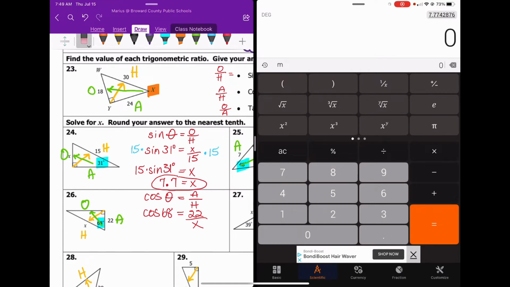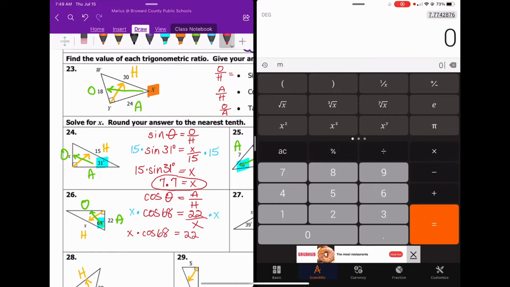All right. So in order to solve for x here, first thing we want to do is multiply x on both sides. That gets rid of the x on the right side. So now we're going to have x times the cosine of 68 is equal to 22.